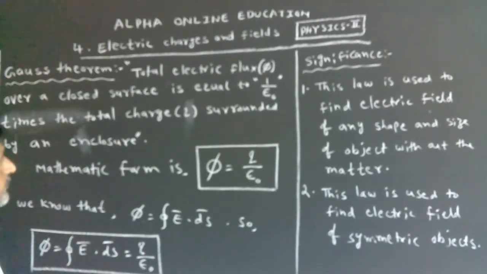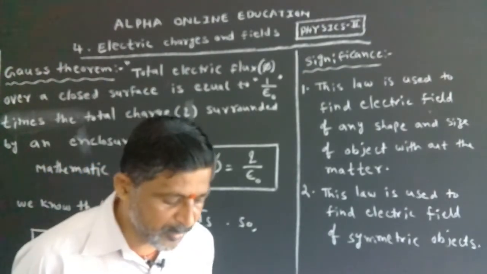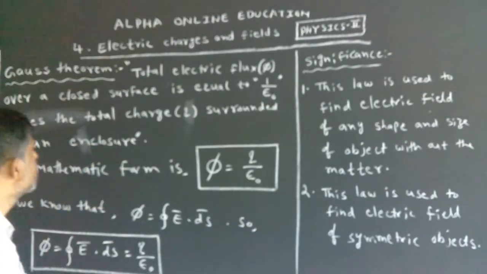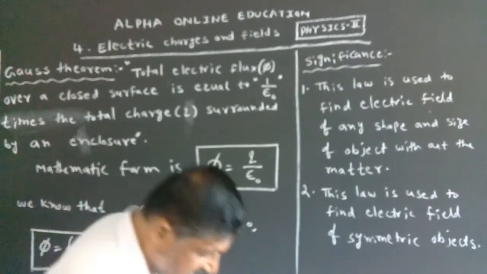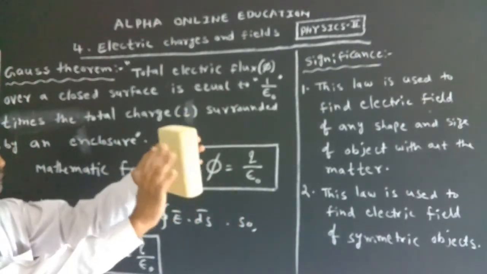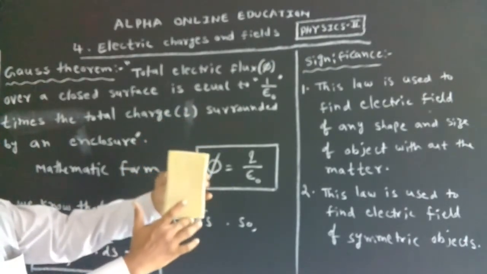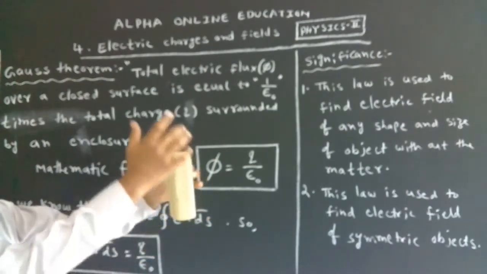Now, let us see electric flux. Electric flux means the number of electric lines of force over a closed surface. Let us see, this is one object. This is a closed surface. It is also a closed surface. It is also a closed surface.